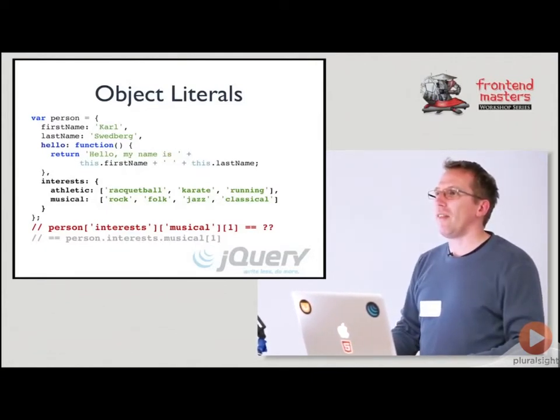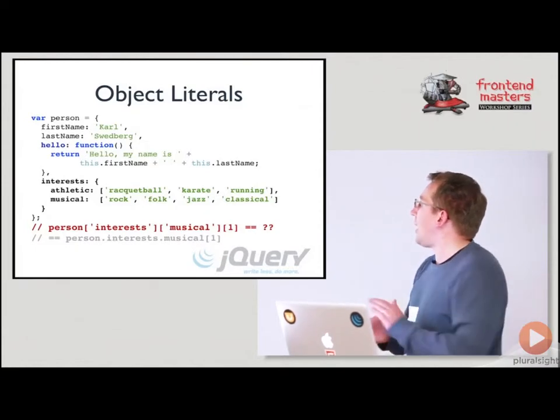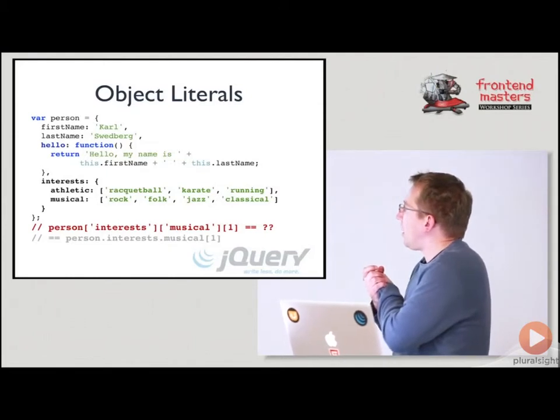I'm just wondering why you have interest and musical in quotes where person is not. And when you use dot notation, there are no quotes either. Right. Will it break if they're not there?